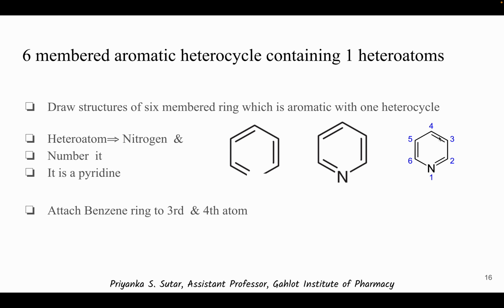So this bond will be common between the benzene ring and pyridine ring, and this structure is called isoquinoline. So you can pause the video and write down the structure of isoquinoline, which is fused with the pyridine.